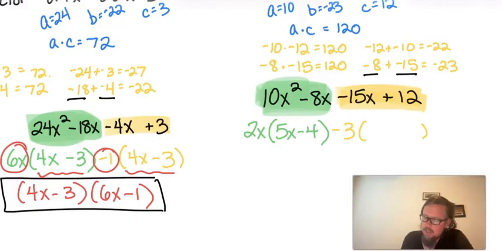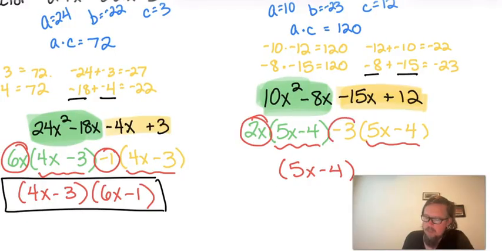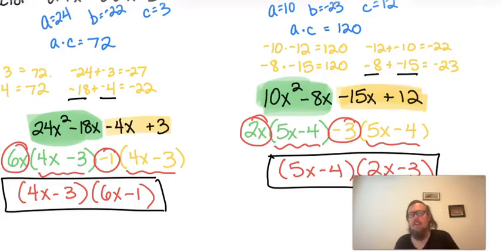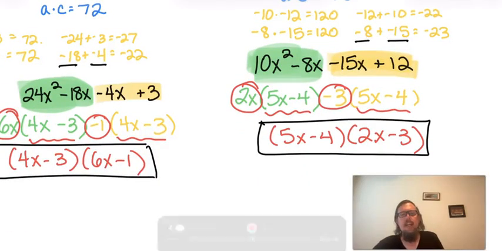And that will leave me also with a 5x minus 4. So we know we've done it right because the parentheses are the same. So one set of parentheses is 5x minus 4, and the other will be 2x minus 3. And there it is, 5x minus 4 and 2x minus 3 is how we factor that second one.